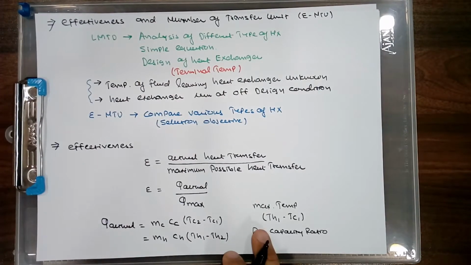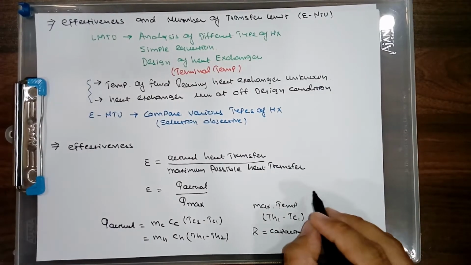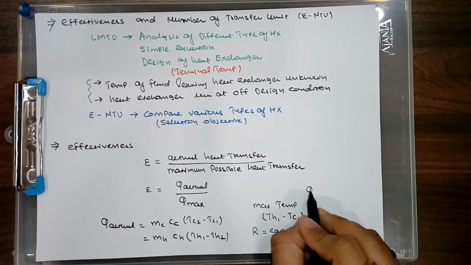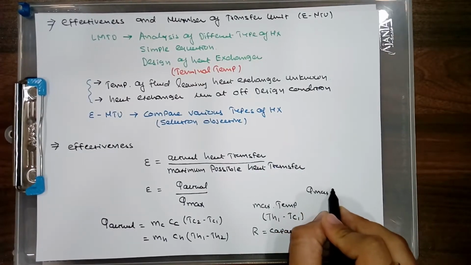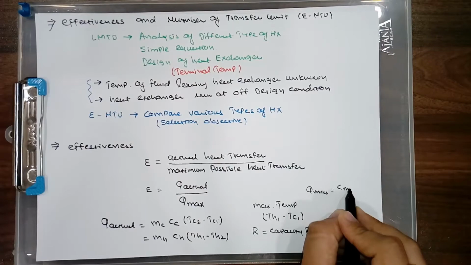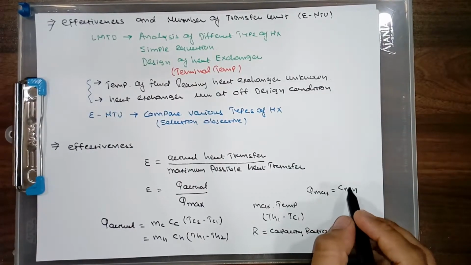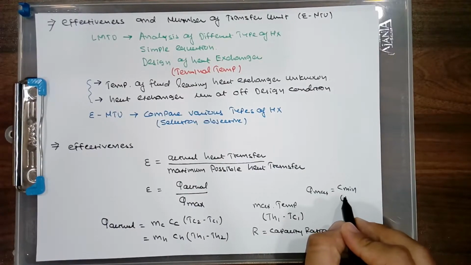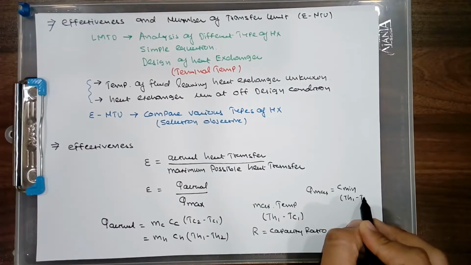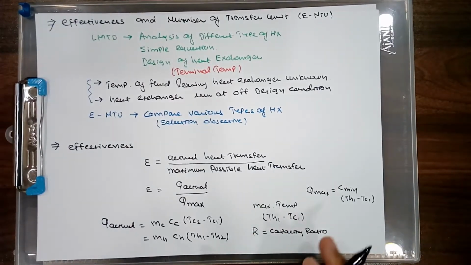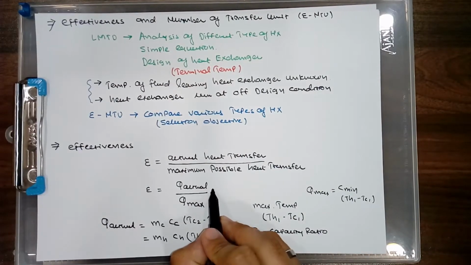Using this maximum temperature difference and capacity ratio, we can find the Q maximum, which equals C minimum into the maximum temperature difference, that is T_h1 minus T_c1. So now using these two quantities, we can have the effectiveness.